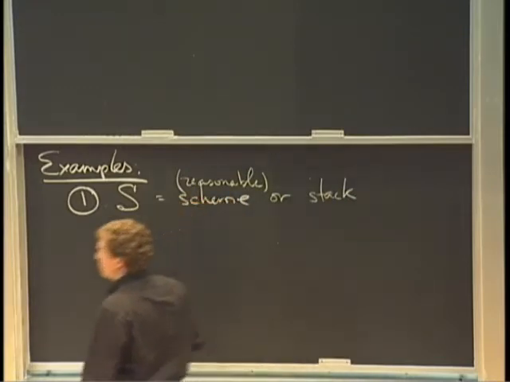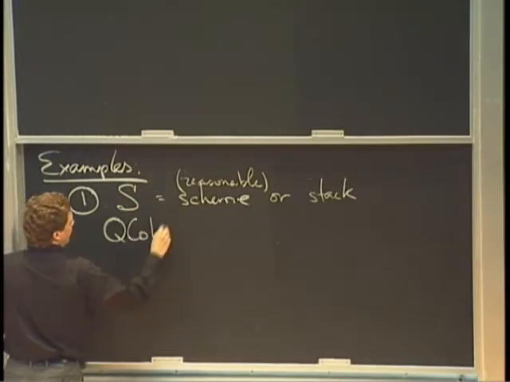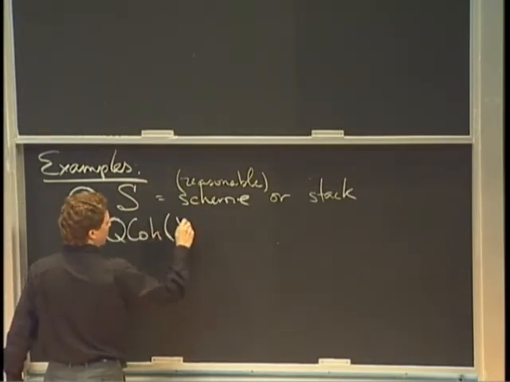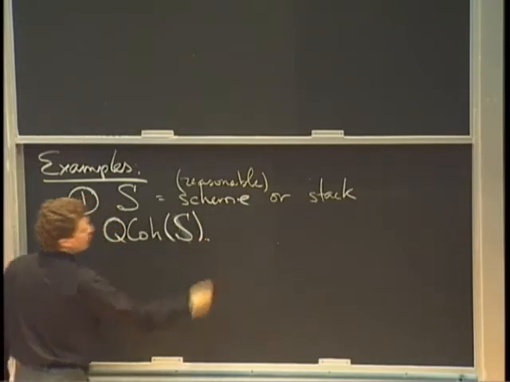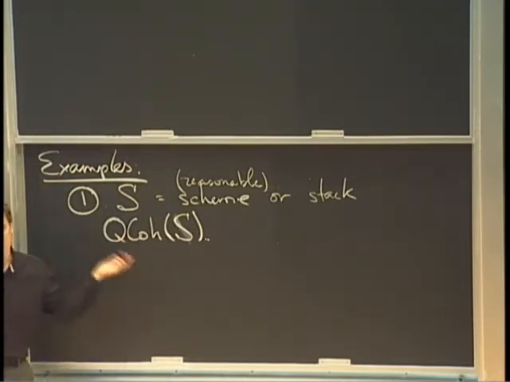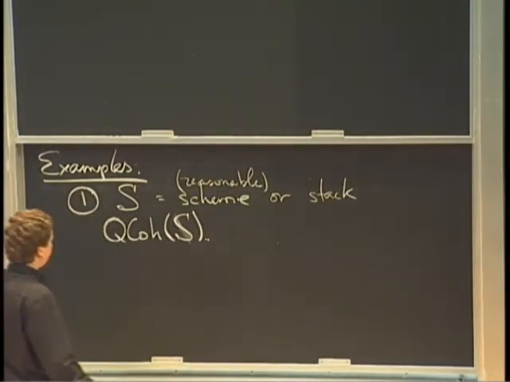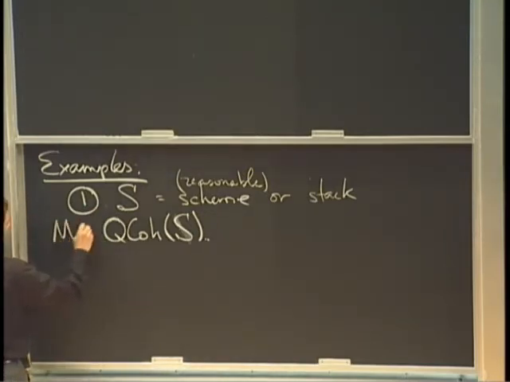Then you can look at the unbounded derived category of quasi-coherent sheaves on S. It has infinite direct sums, which is the reason why I'm working with quasi-coherent sheaves and the reason why I want the category to be unbounded. Otherwise, it will not fall within the scope of this definition. And then compact objects in this category are exactly what are called perfect complexes.